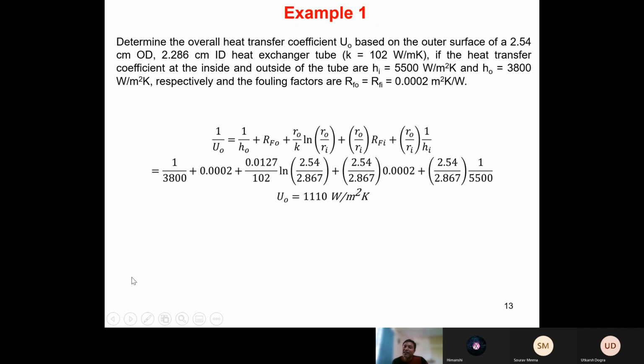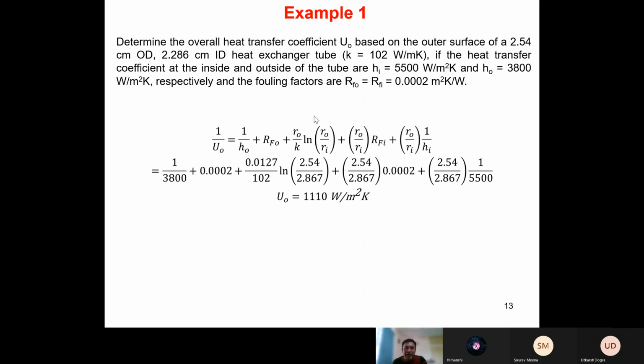Clearly you can see that with the fouling of the heat exchanger taking place, your heat transfer decreases significantly, almost half. Can you see the point? Hello? Yes, sir.